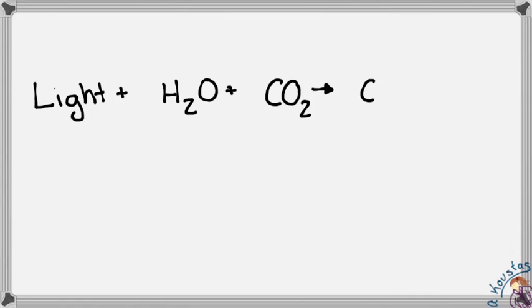As long as you remember it has 6 carbons, like all sugars, it has twice the amount of hydrogens and the same amount of oxygens. So C6H12O6 is our formula for glucose, a type of sugar. And in addition, plants produce oxygen for us, and O2 is oxygen gas.